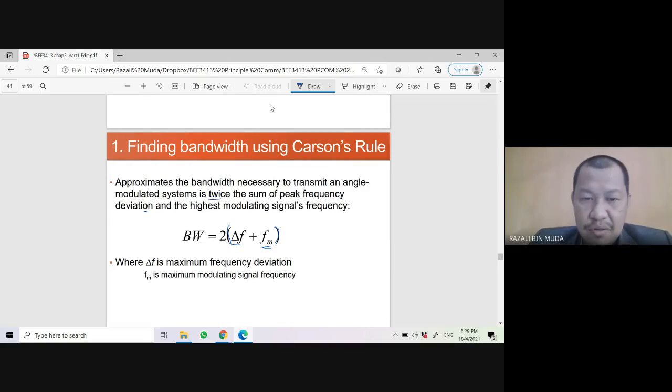Where delta F is the maximum frequency deviation, Fm is the maximum modulating signal frequency. All these are the maximum values.